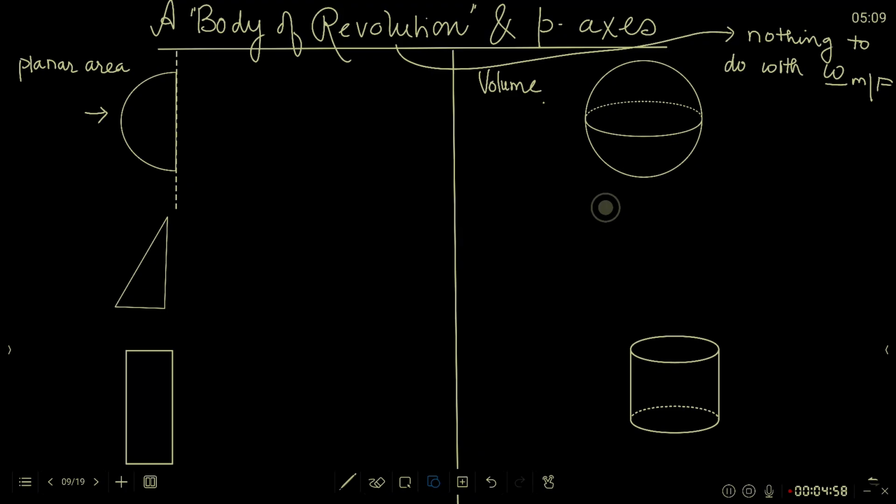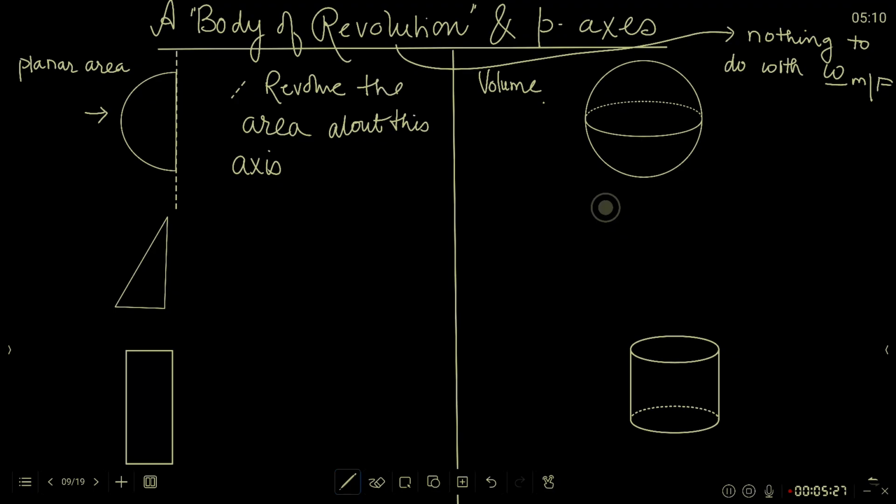And then you sweep the area, or rather I should just use the word revolve the area about this axis.